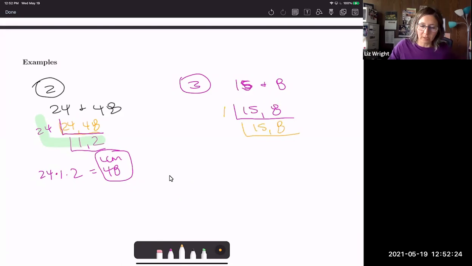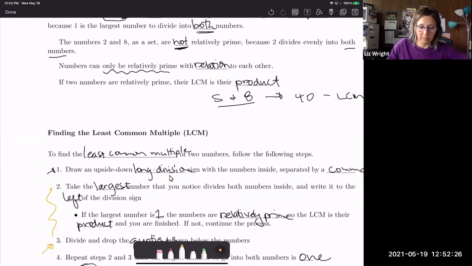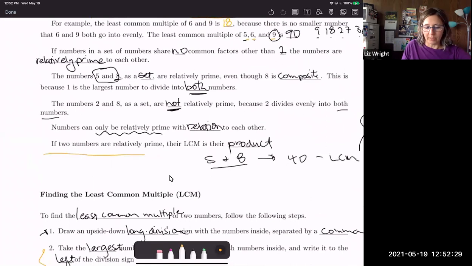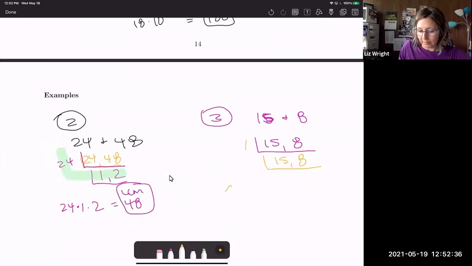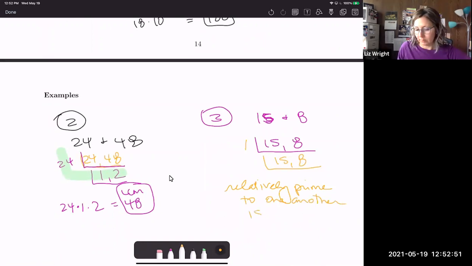And then think back to what we talked about over here. If two numbers are relatively prime, which is what 15 and 8 are, the LCM is going to be the product of those numbers. So we just take their product. So we would end up doing 15 times 8. That's going to end up giving us 120. So that's our LCM.